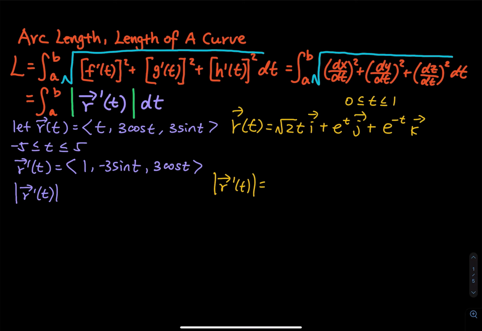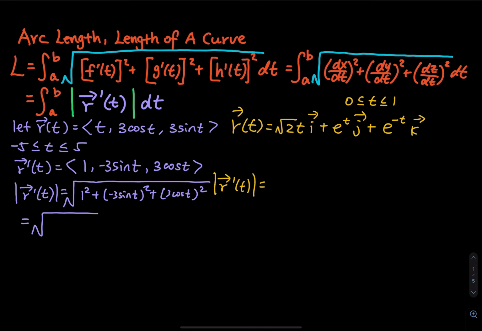The magnitude is the big square root, and inside the square root you square every individual component. So you have 1 squared plus (-3 sine t) squared, plus (3 cosine t) squared. So you square every individual term.